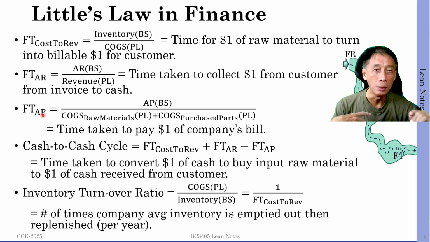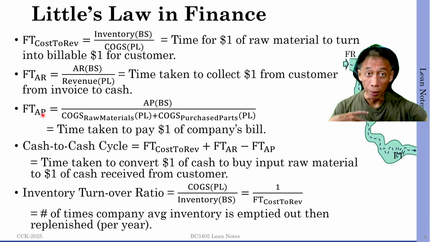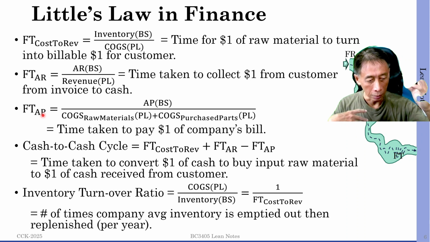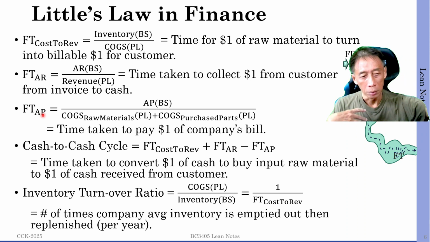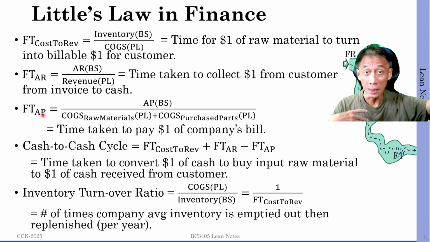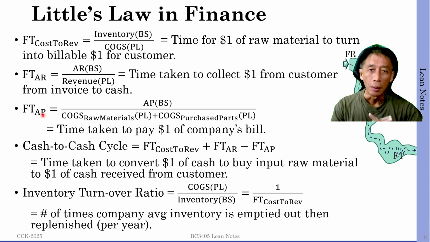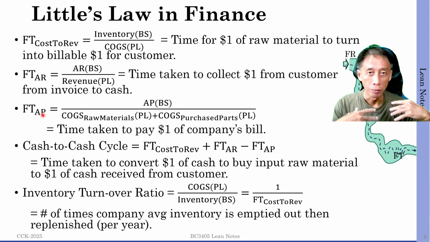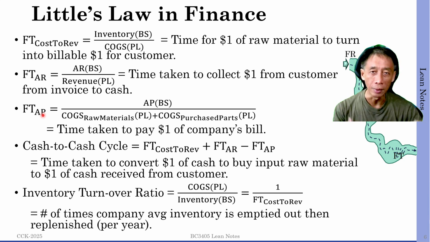For example, the engine maker or the car seats maker might require raw materials from Toyota, because Toyota insists on using this kind of leather, right? But I'll give it to you, and you help me make the car seats.